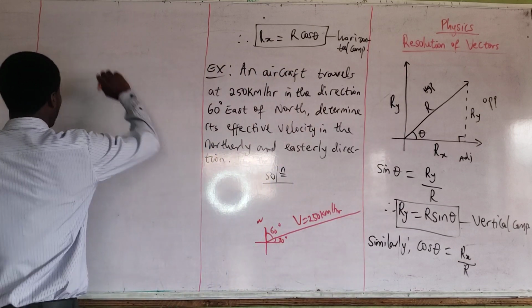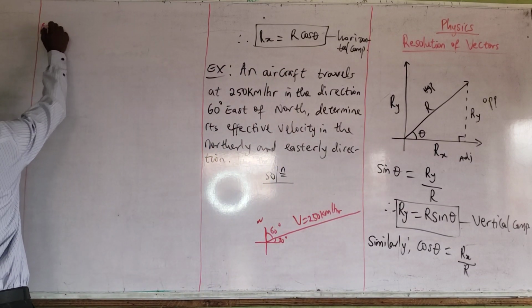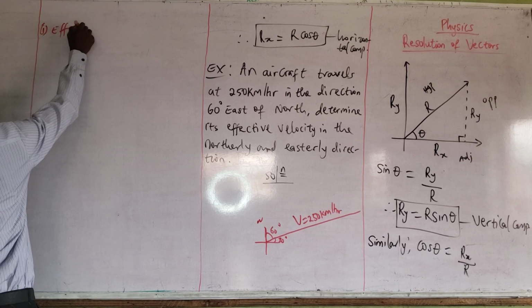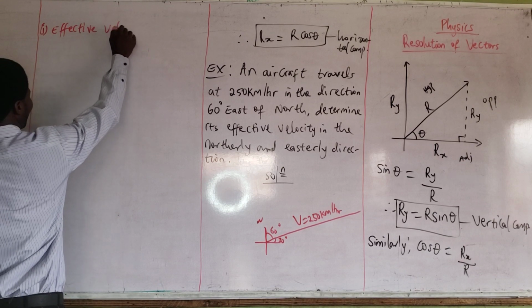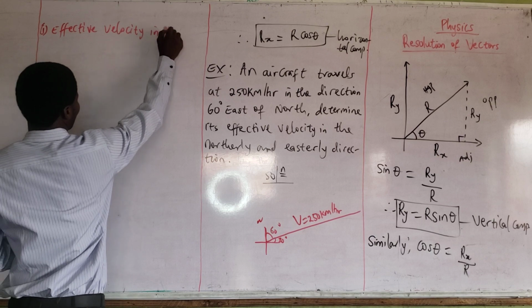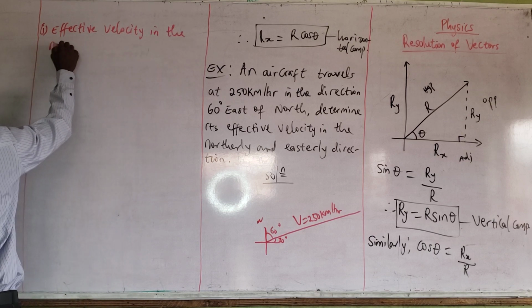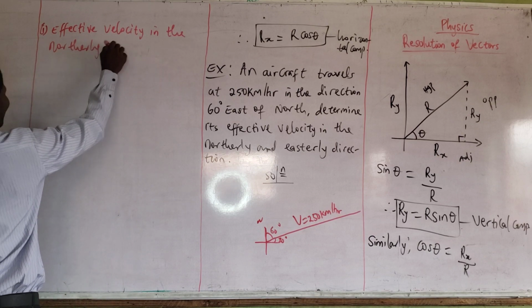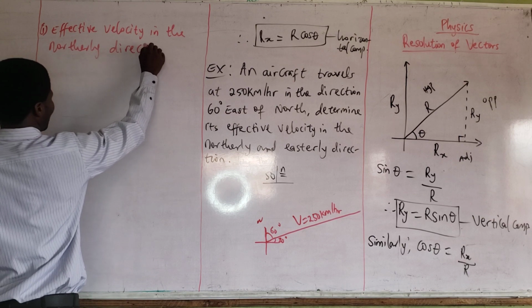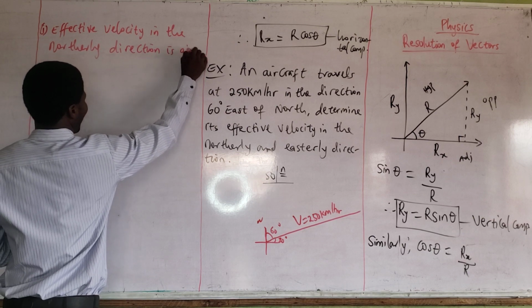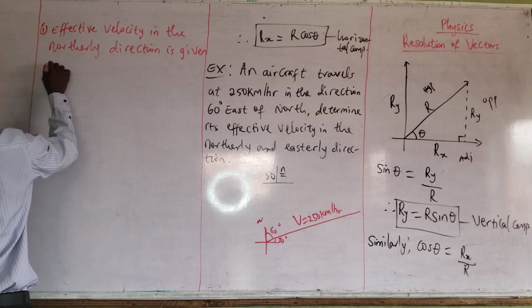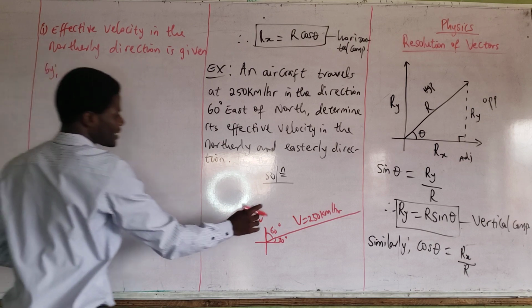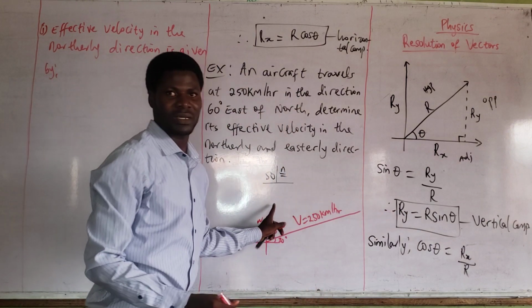So to get that, number one, effective velocity in the northerly direction is given by, now in this case, our R is V, velocity.